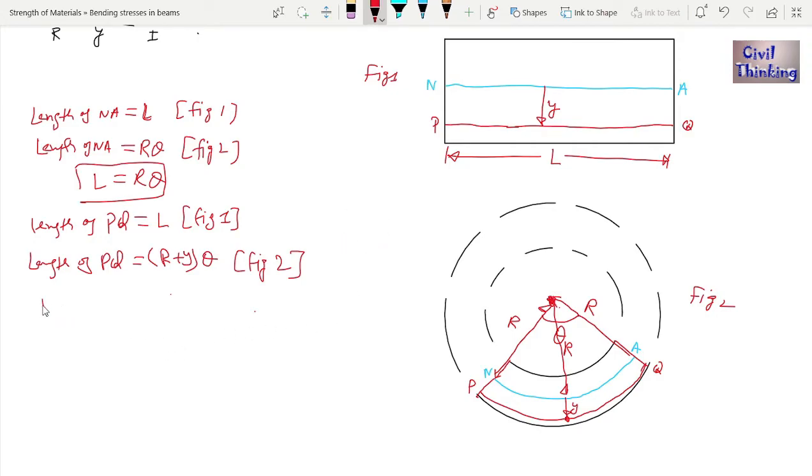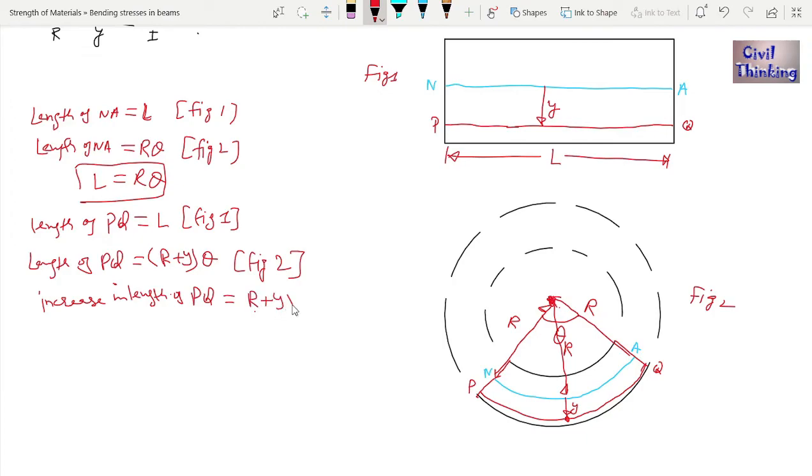Now how much is the increase in length of PQ? It is the length of PQ in figure 2 minus the length of PQ in figure 1.